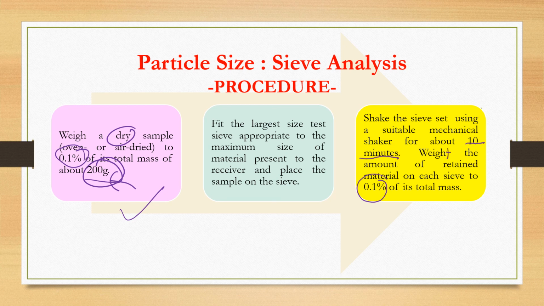You take the dry sample, about 200 grams, and put it on the top of the sieve. Remember you have to arrange them first, with the biggest aperture on the top, followed by the smaller apertures, and make sure it's tightly screwed. Press the shaker, shake the sample for 10 minutes, and then weigh the sample retained on each sieve.